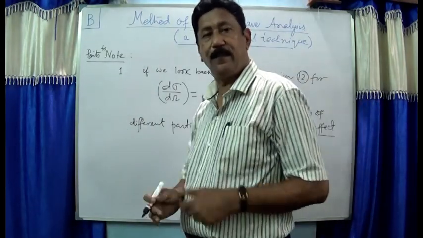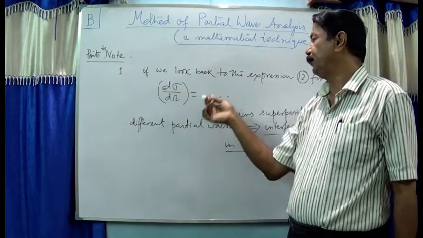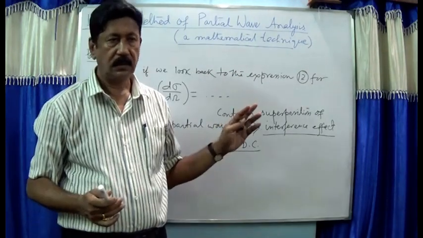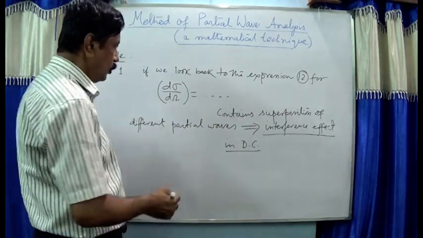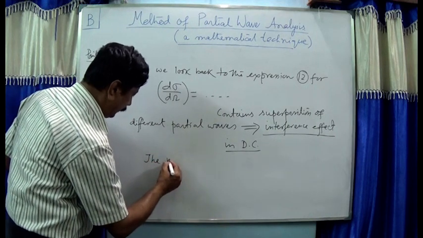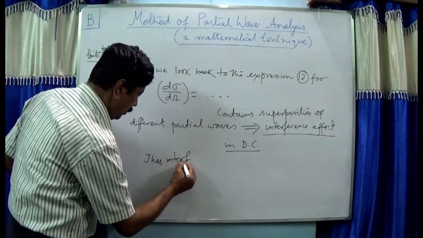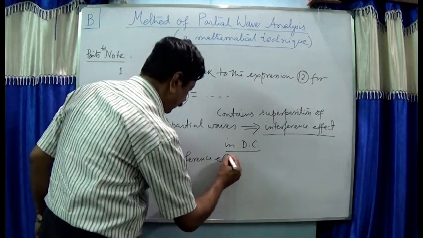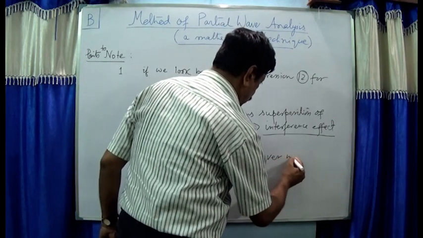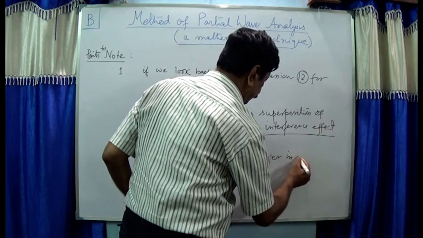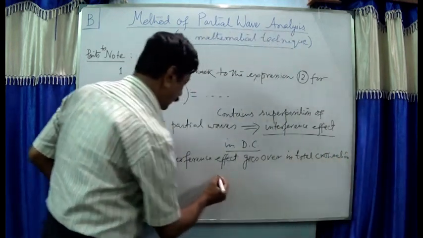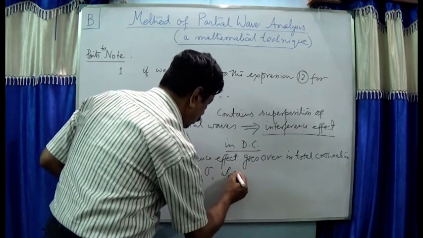And it is also interesting to note that when we pass over from this differential cross section to the total cross section, by integrating this factor over sin theta d theta d phi, we arrive at a situation where this interference effect goes over in the total cross section.